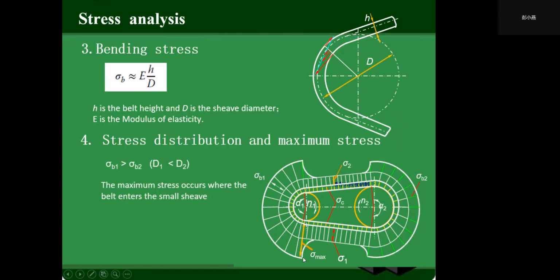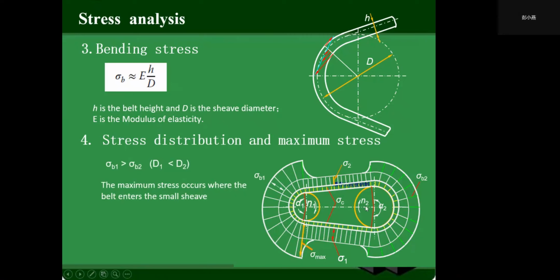The bending stress is large, and the tensile stress on the tight side is large, so there is the maximum stress for the belt.